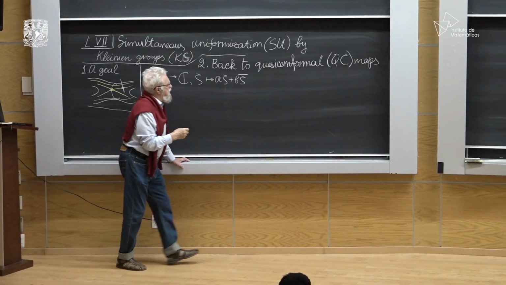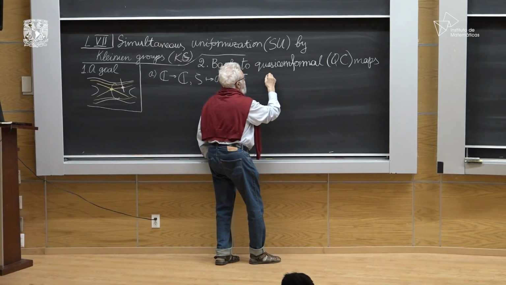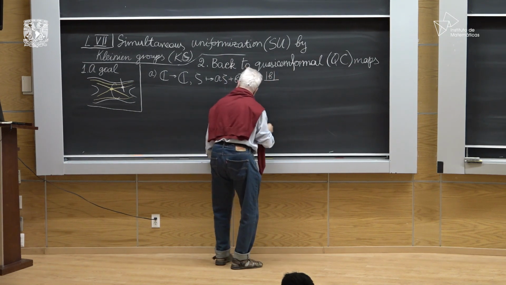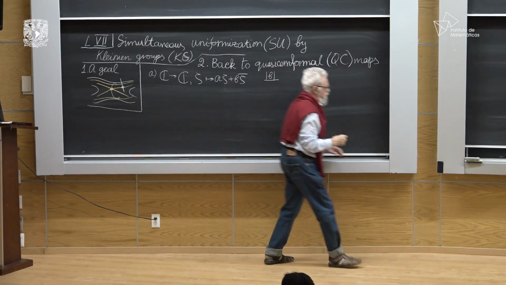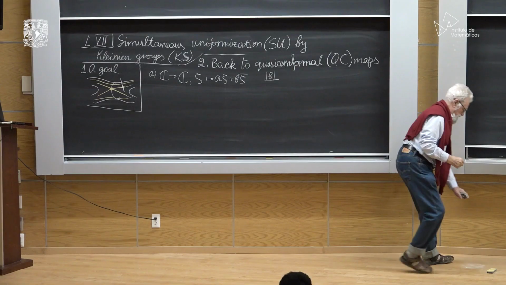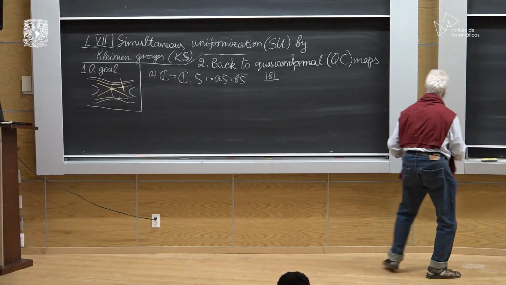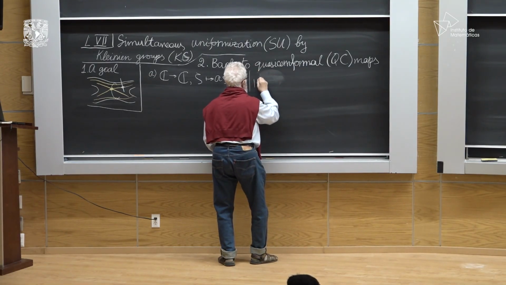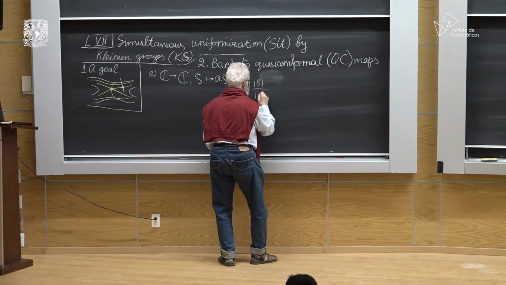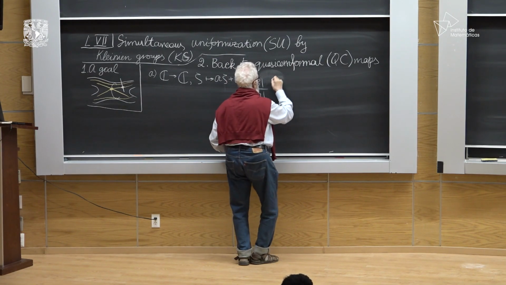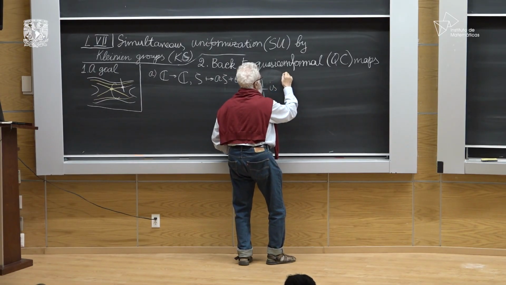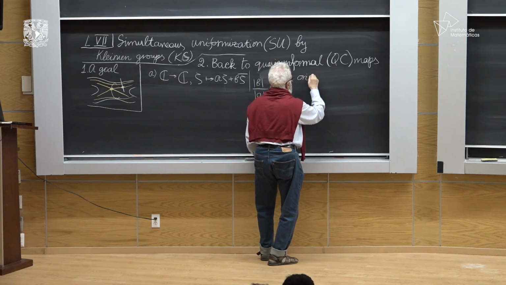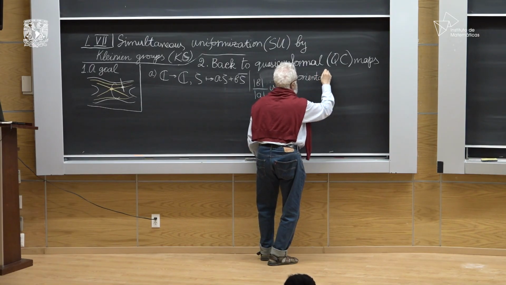We have three cases, depending on the ratio of the magnitudes of these two coefficients. When the ratio is smaller than 1, then orientation is preserved.